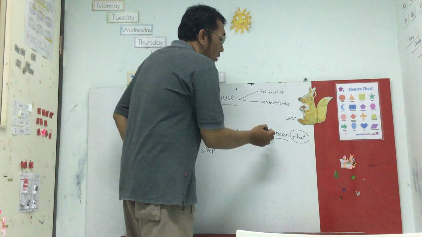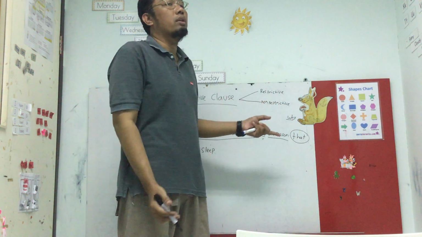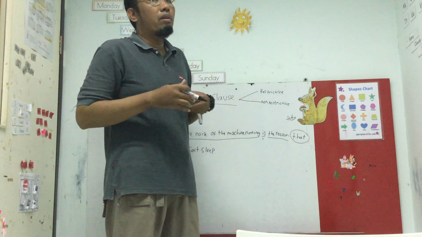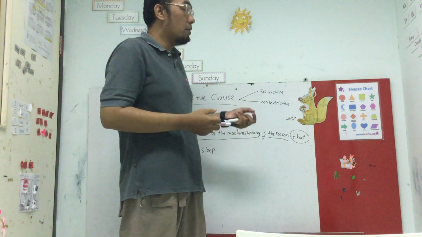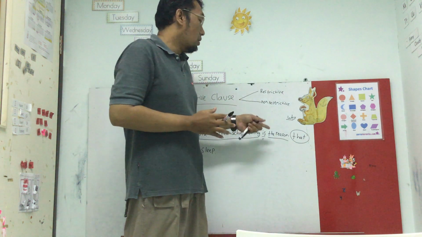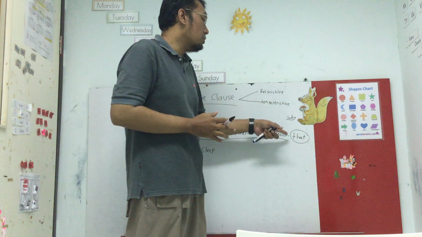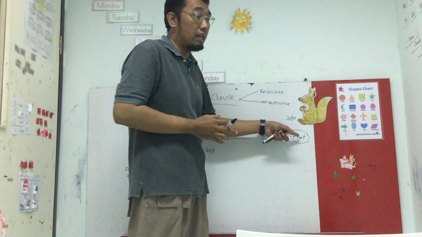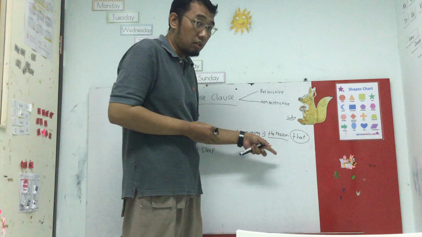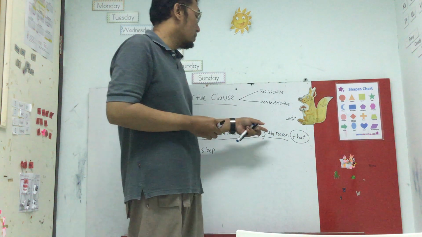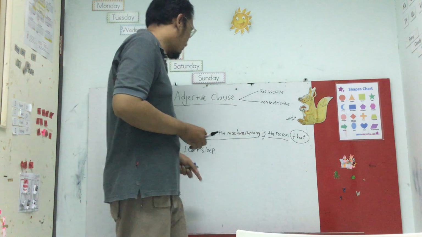But you can also use it if you want. It depends on you. But for me, the reason should be used with that instead of why, because why is already the reason. So: is the reason that I can't sleep.